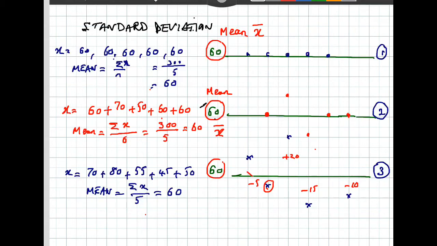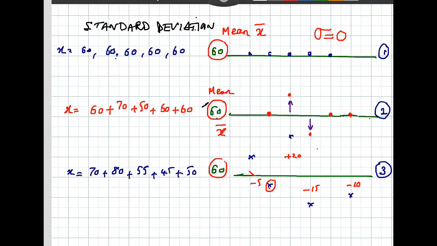If you like, this point here is deviating by minus 5 from the mean, and this point here is deviating plus 20 from the mean, this point here plus 10, and so on. I hope you can see these 3 results are similar.